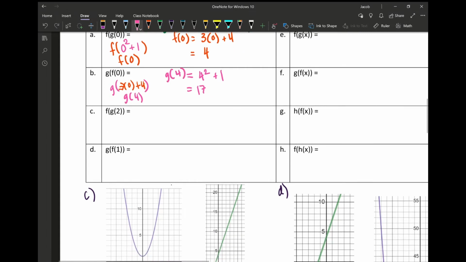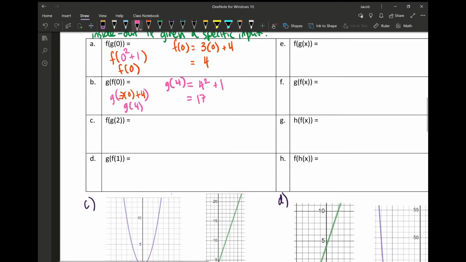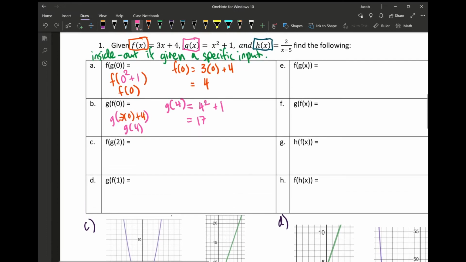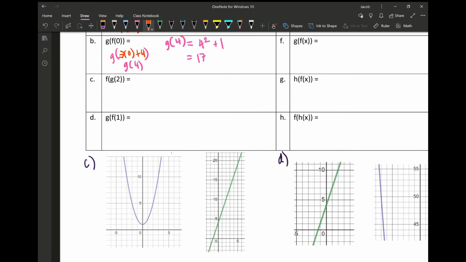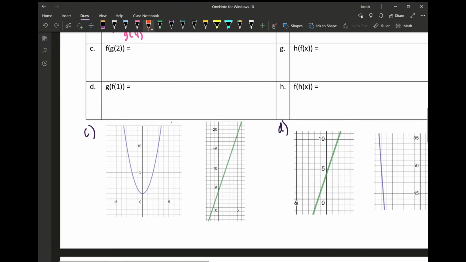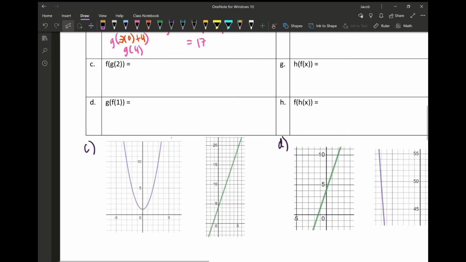Alright, and for the last ones, we are going to do the same thing, except this time we're going to use a graphical representation for each. And here are the graphs for C. Right here we've got f of g of 2, where this right here is g of x, and this here is f of x.